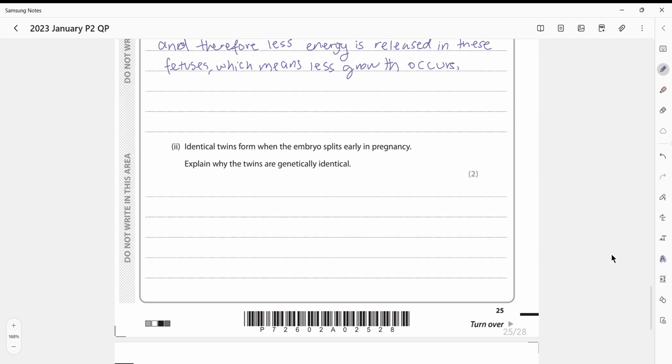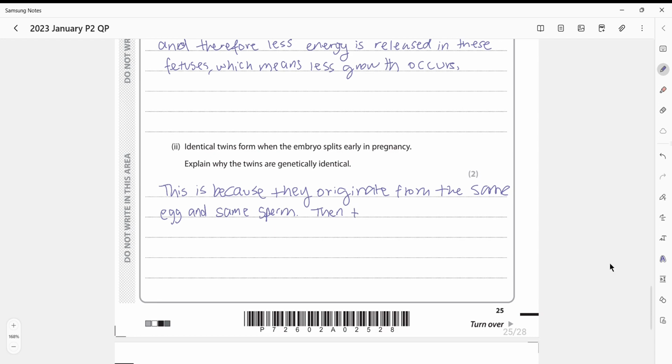So they are genetically identical because they originate from the same egg and same sperm, then the embryo splits into two.